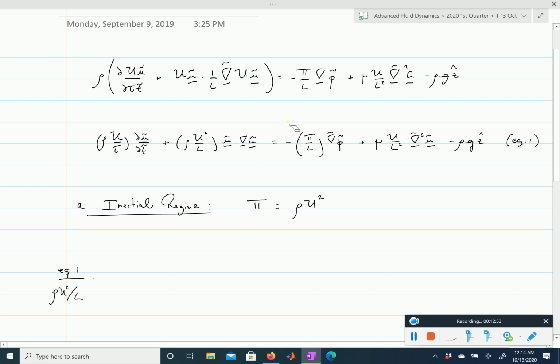In front of that term you will have nothing left. When you divide rho u divided by tau by rho u squared divided by L, you will be left with L divided by u tau, partial u partial t. And note, of course, now that this group now really is non-dimensional. So this whole thing here is non-dimensional. This is meters per second times second.